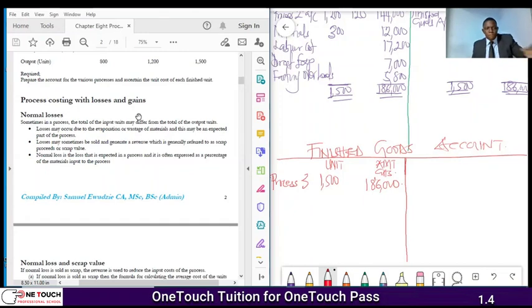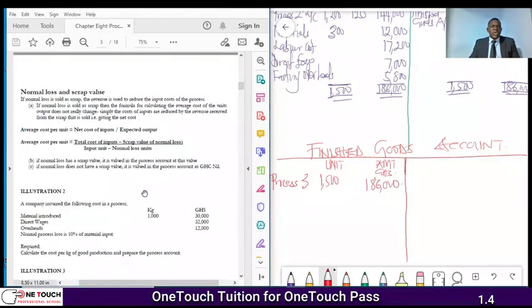So let's look at a situation where there's normal loss, and the normal loss can be scrapped. We can sell the loss in the process for an amount.